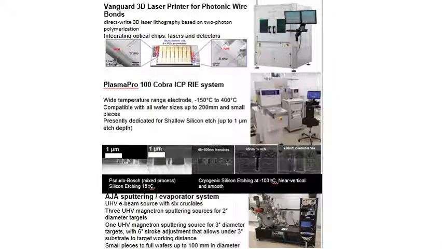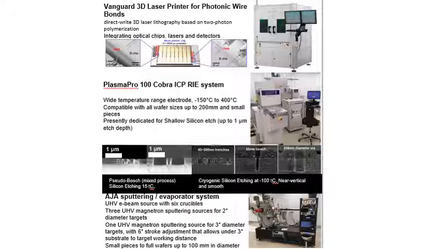Next tool I want to highlight from our facility is the Vanguard 3D laser printer for photonic wire bonds. So this tool, in layman terms, I would explain as a tool capable of 3D printing optical fibers, which can be used to connect one optical chip to another optical chip. An example would be connecting a laser chip, which is usually a III-V semiconductor substrate, to a silicon integrated photonic chip.